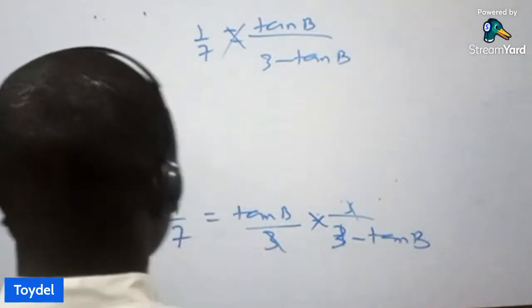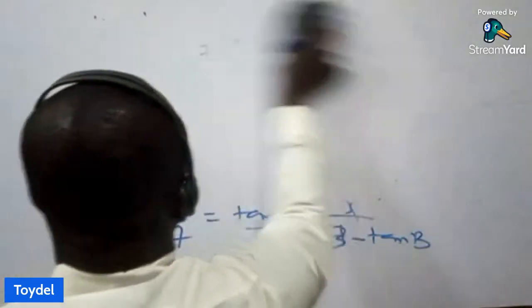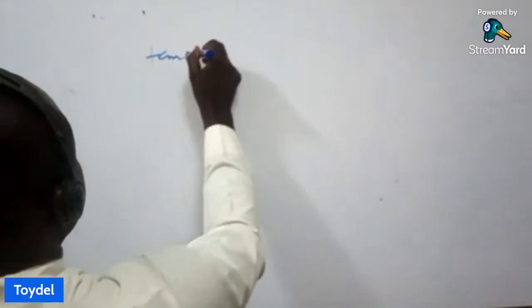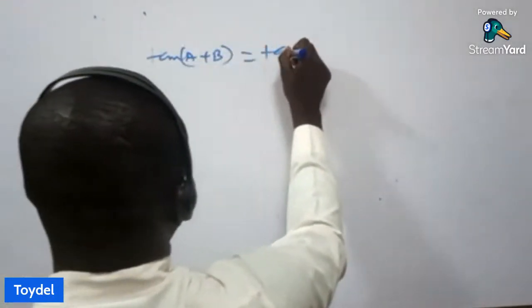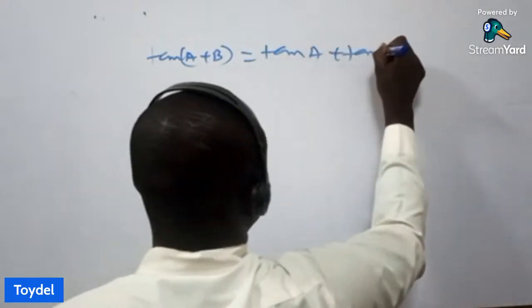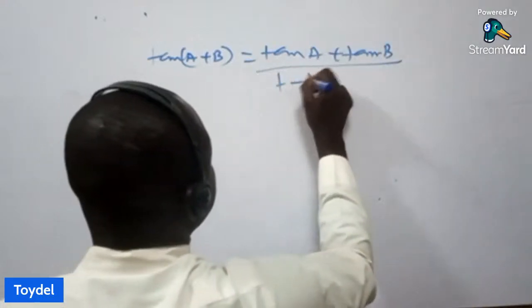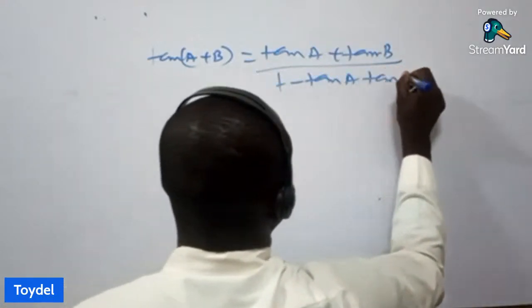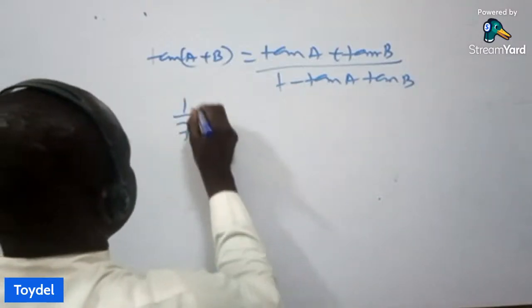Tan A plus, no, I think something is wrong somewhere. Let me rewrite. When I have tan(A+B) equal to (tan A + tan B) all over (1 minus tan A tan B), this is 1/7, we are given this.